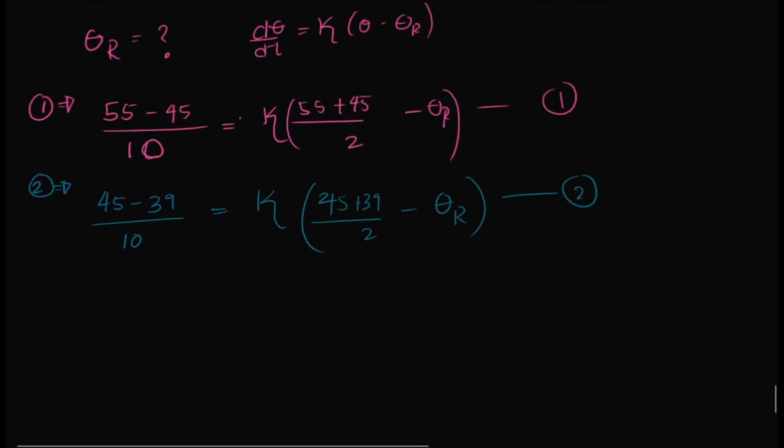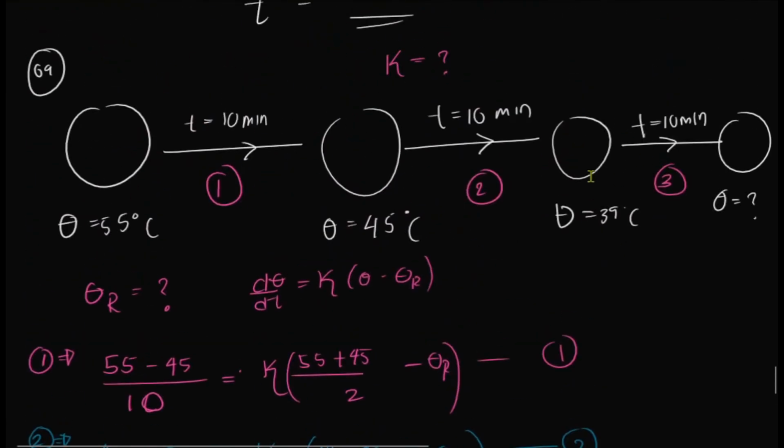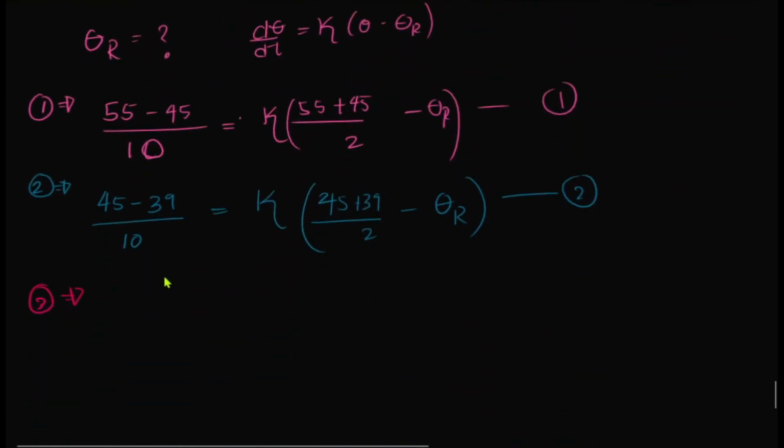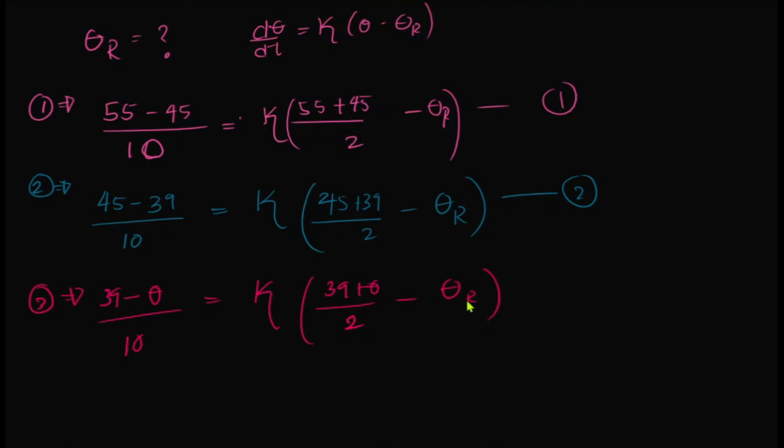The temperature decreases from 39 to what? We do not know that. That is what we need to find in 10 more minutes. So we take this as 39 plus theta over 2, minus the room temperature, which we do not know.